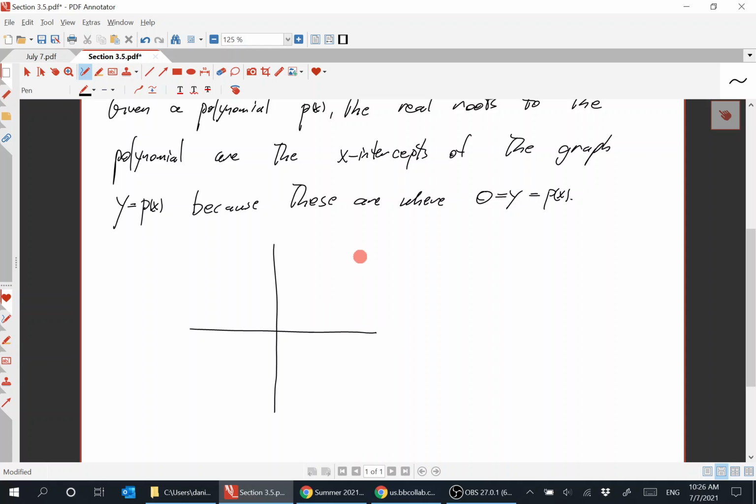this polynomial, y equals x minus 1 squared minus 4, right?